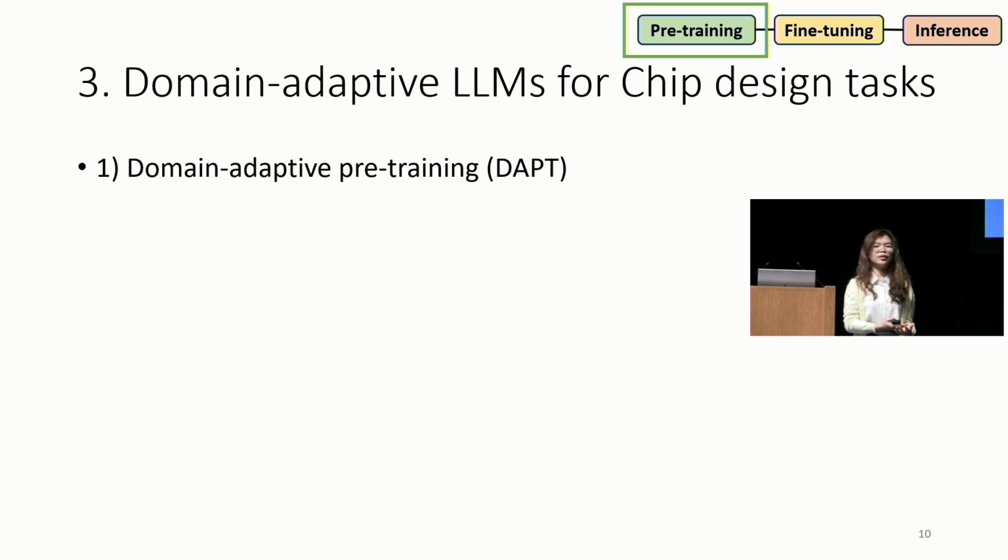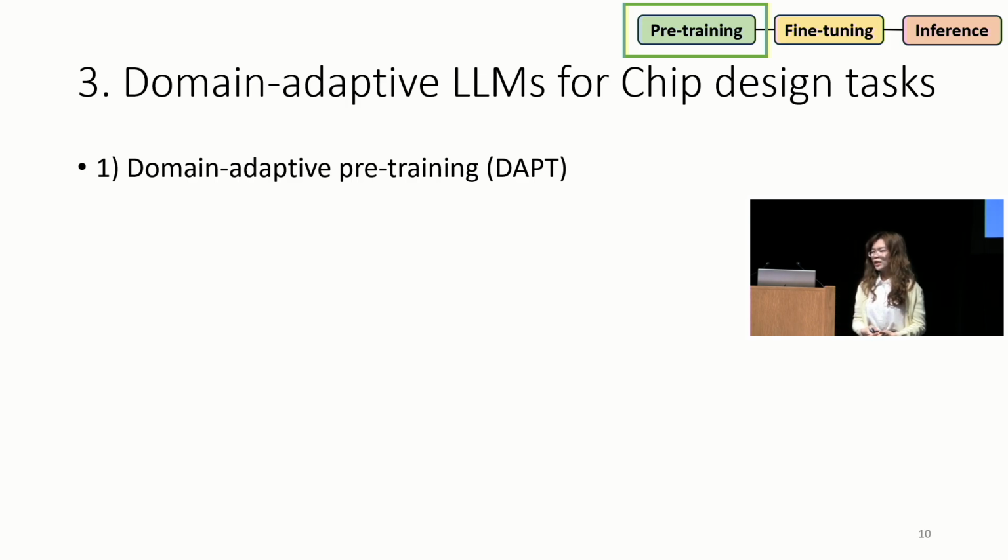For Q&A, it is mainly a corpus from English, and for code generation it is mainly from Python. So you might think about how we can let the model be more aware of the natural language related to chip design, and also the programming language that we use in chip design.